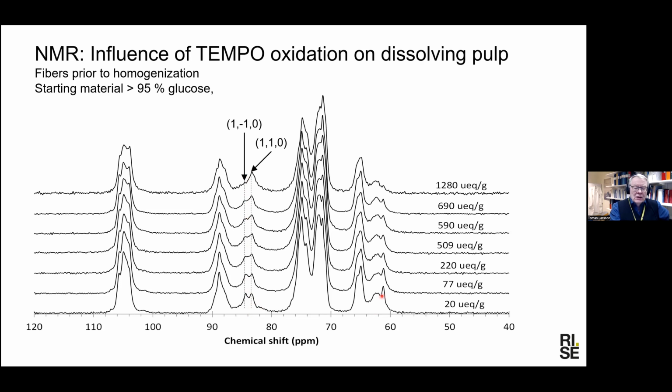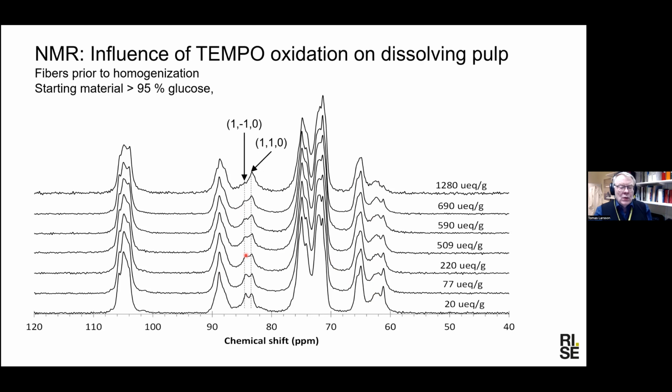The idea is that TEMPO oxidation oxidizes the hydroxymethyl group, and the primary alcohol is turned into a carboxylic acid. So C6 should suffer, as it does, but at C4 you also have an impact on the spectra, and this comes from the details of the material being a solid, and you have an impact on the electron structure if you alter the C6 position also on the C4.